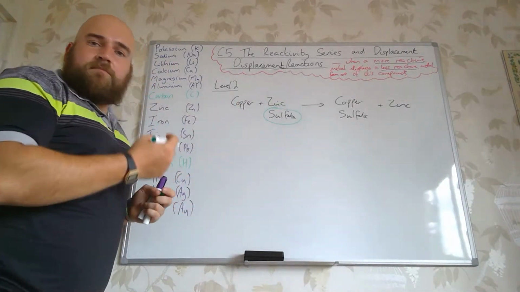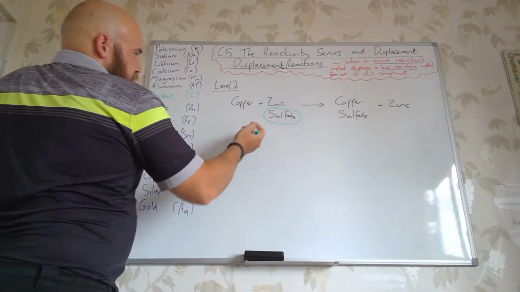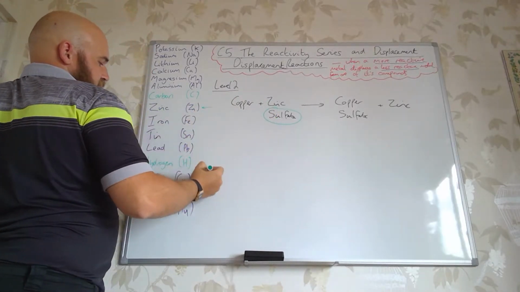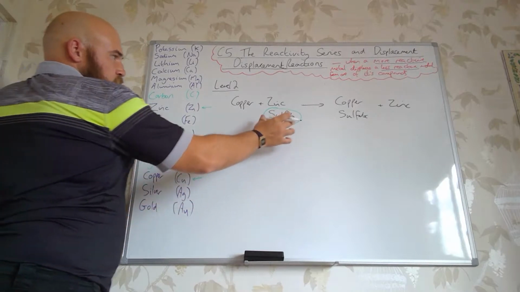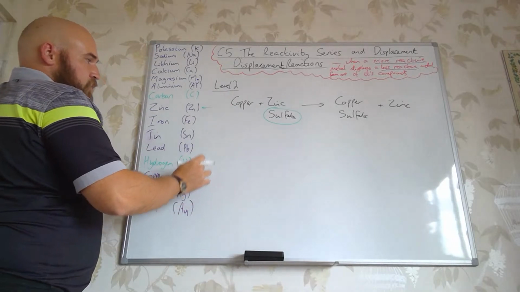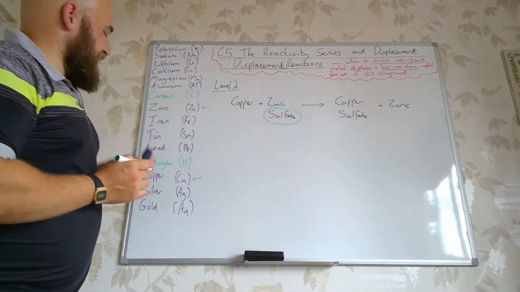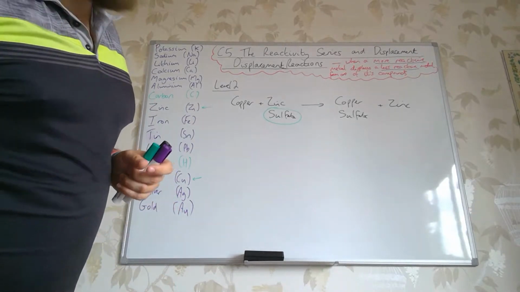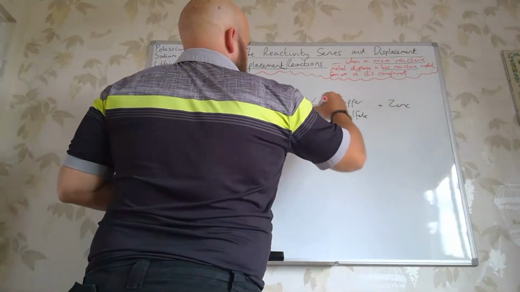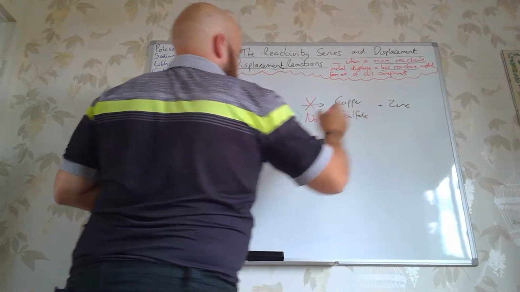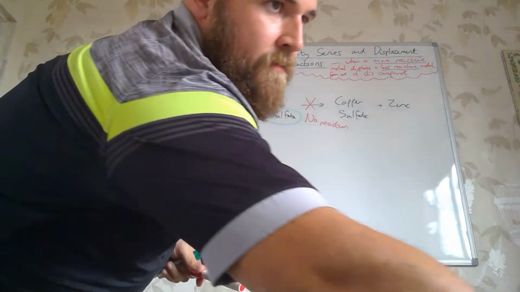It will stay with the most reactive one. So if we have a look, zinc is there and copper is there. So will the sulfate ion stay with the zinc or will it go off with the copper? Well, because zinc is more reactive than copper, there will be no reaction. So what I'm going to do is I'm just going to write a cross there. No reaction.